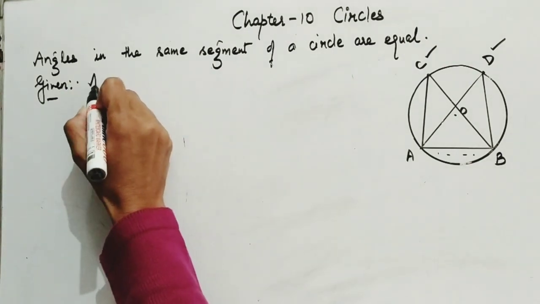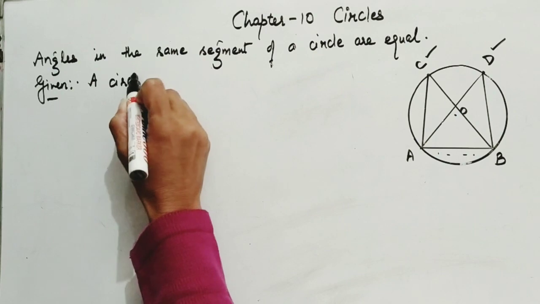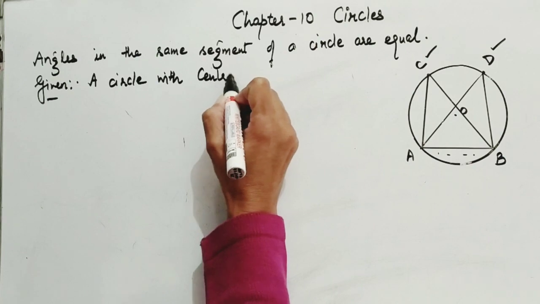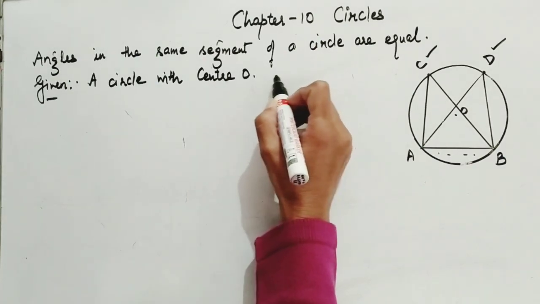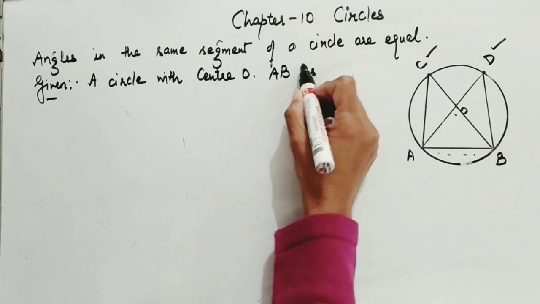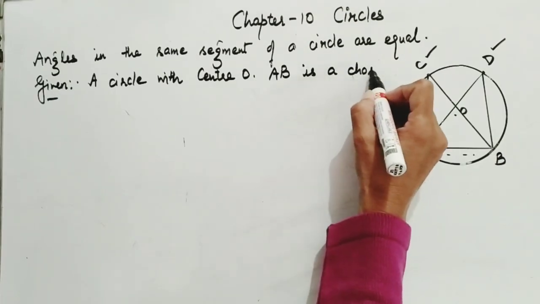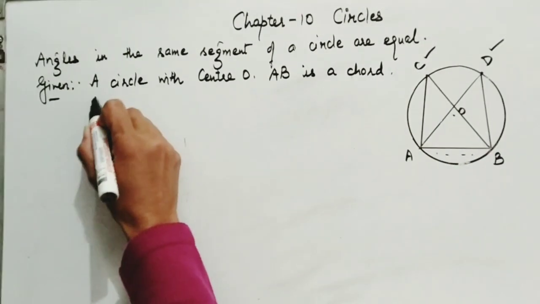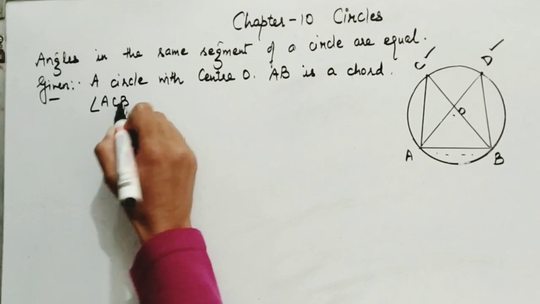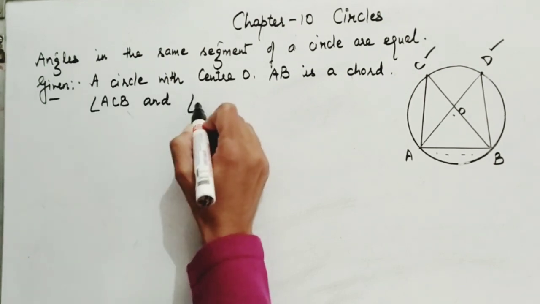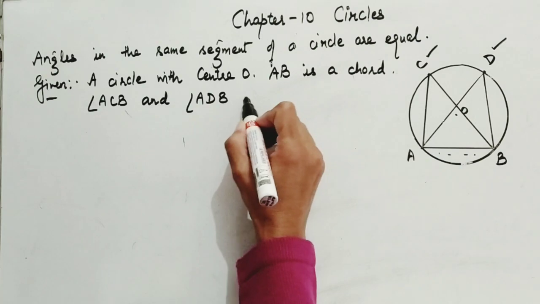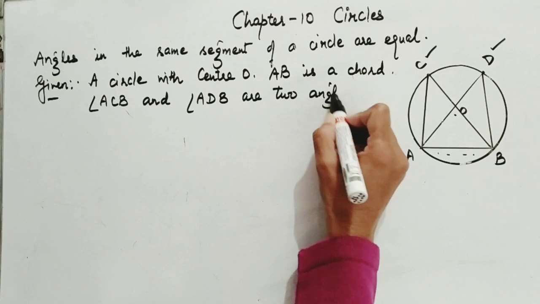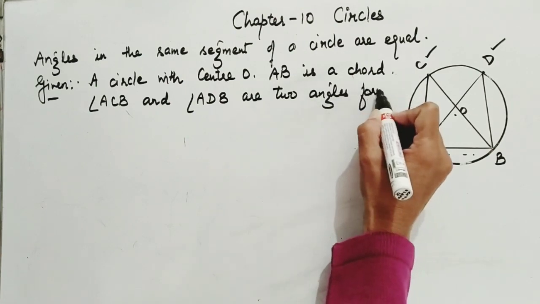Given is a circle with center O, AB is a chord, and ACB and ADB are two angles formed in the same segment.